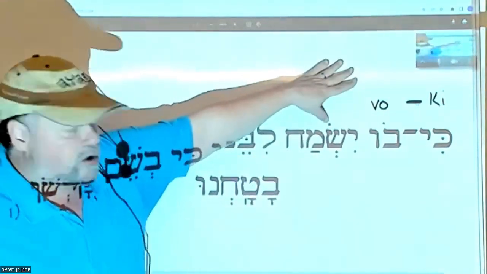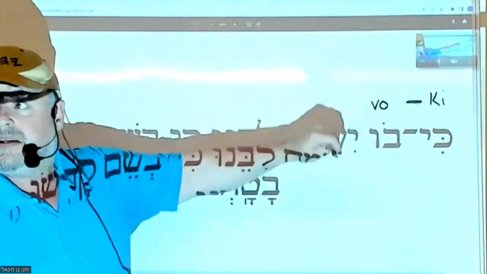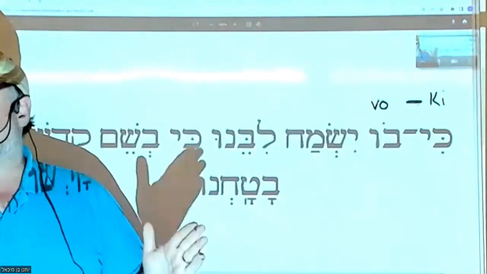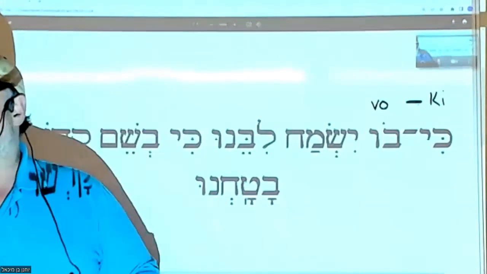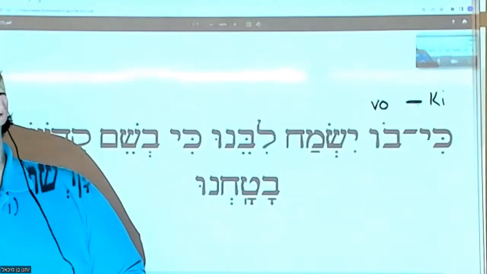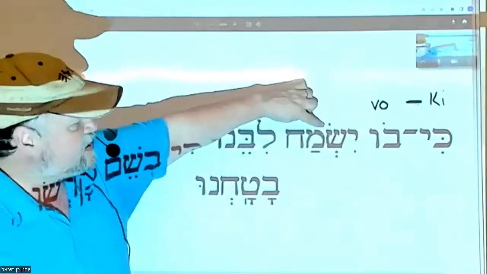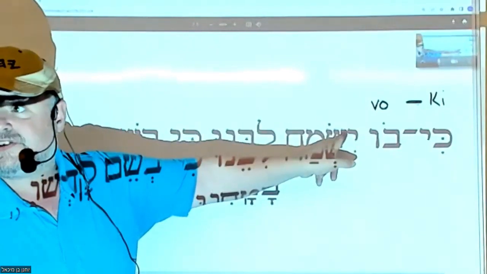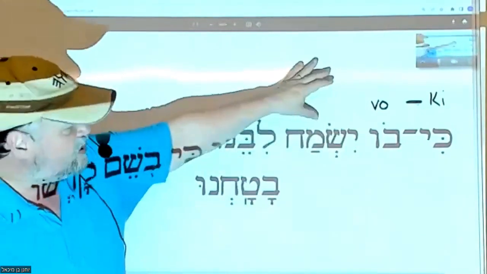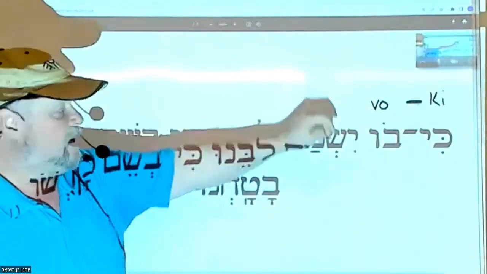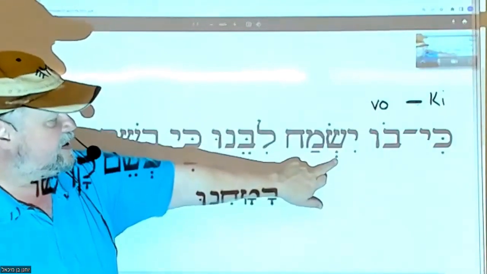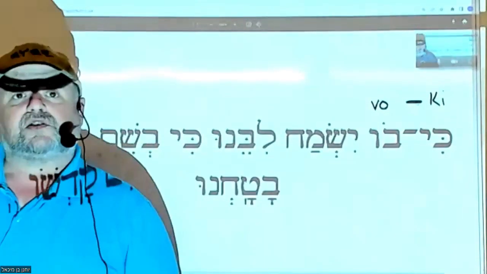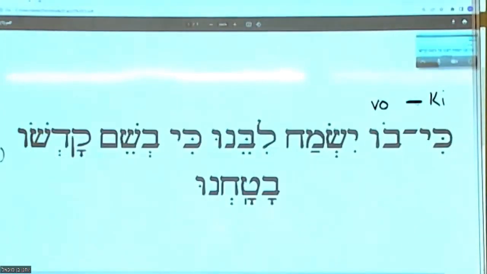See that mark over the top of that letter? Depending on what side of the letter it's on, it can sound like an S or SH. If it's on the left-hand side, it sounds like an S. If it's on the right-hand side, it sounds like SH. So in this case, it's going to sound like an S. And this is called the shva. What type of shva is that?